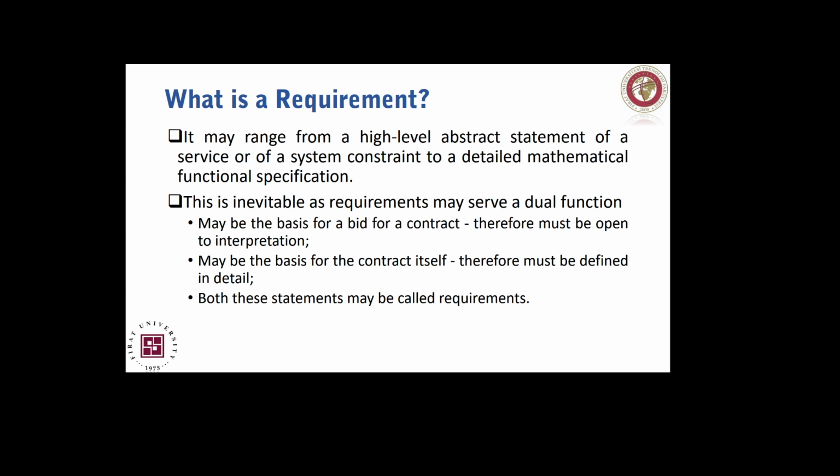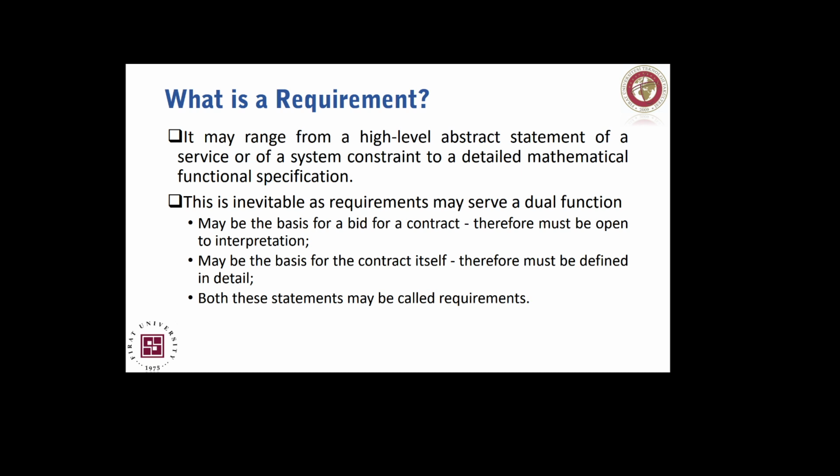It means a plain, straightforward statement about the system or the constraints, about what the system should do, how it should produce an output, or a functionality or a service. We usually say high level or abstract.